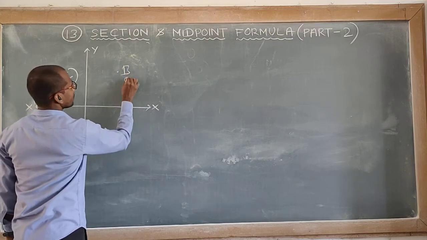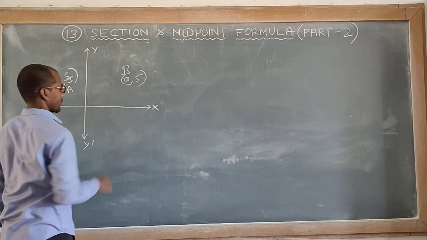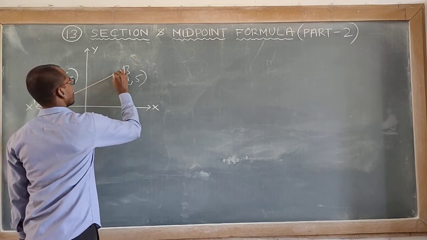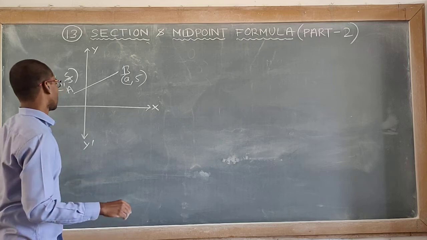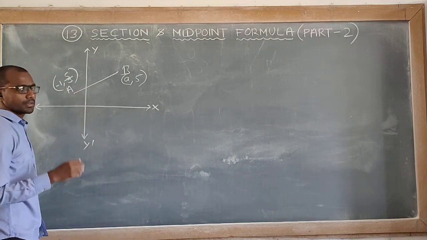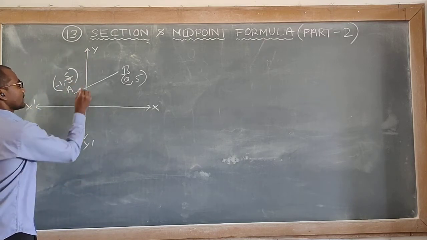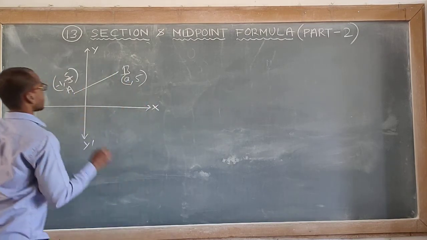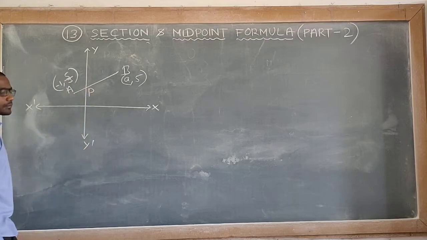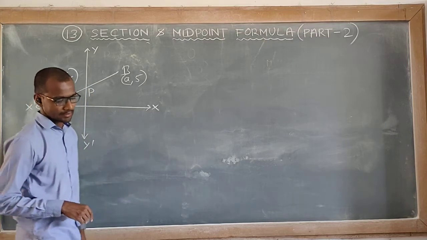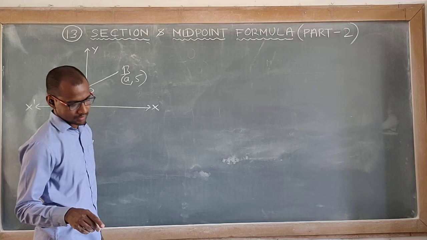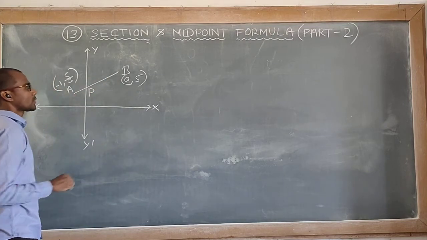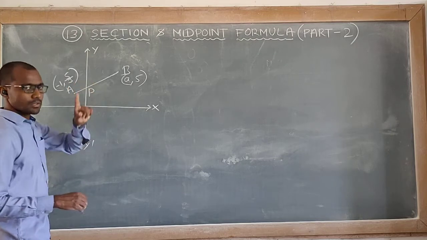If you join AB, you will get a line segment, and it intersects the y-axis at this point, P. It is given that P divides AB in the ratio 1:3, meaning AP by BP is equal to 1 by 3.